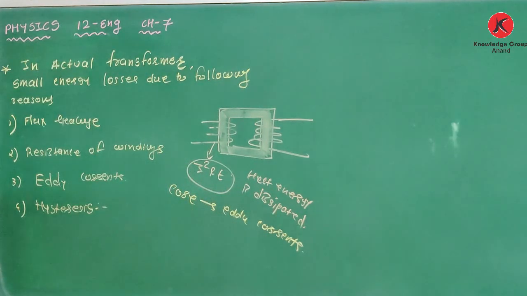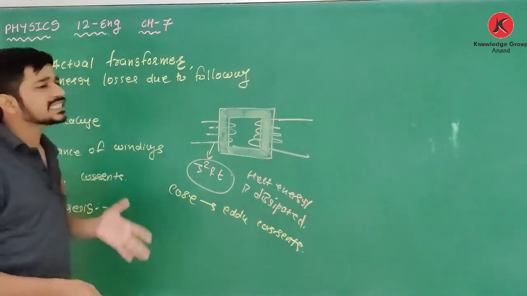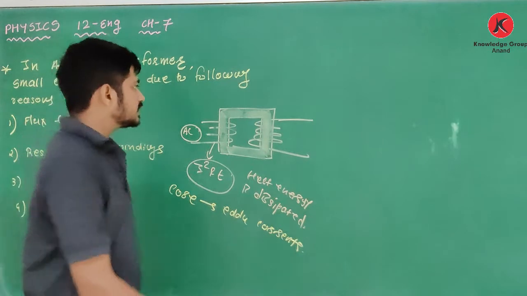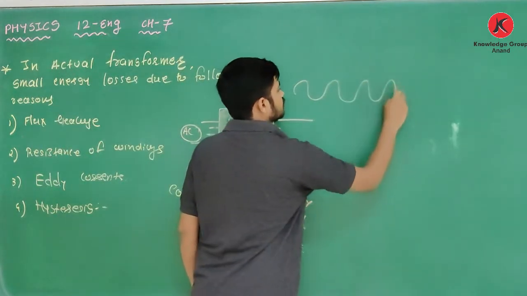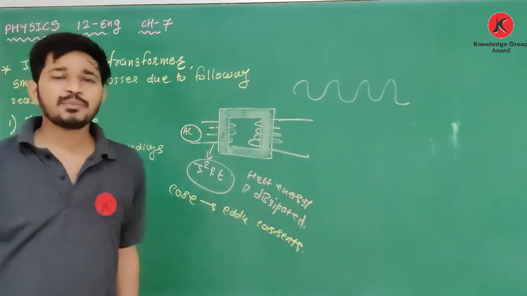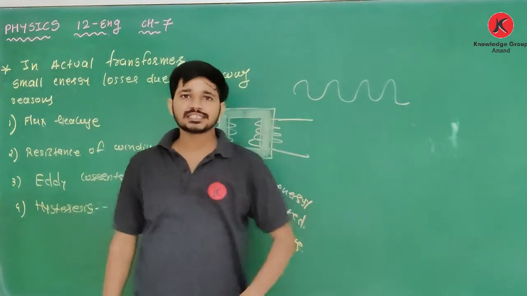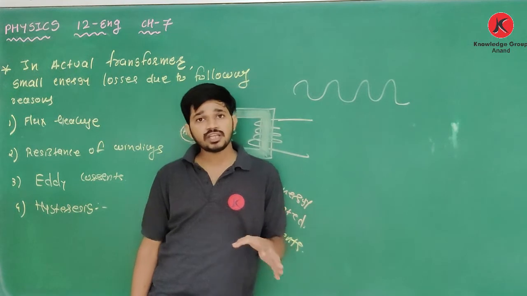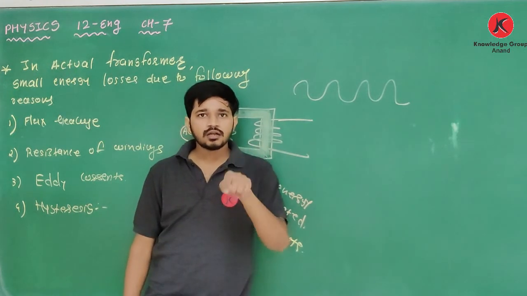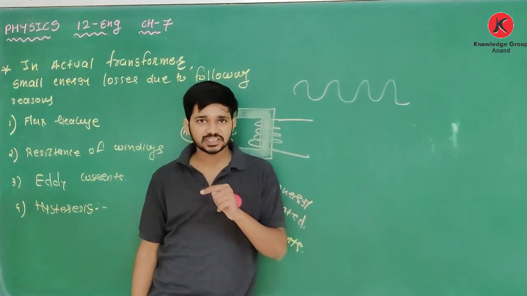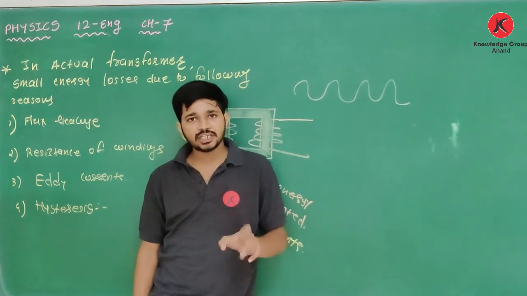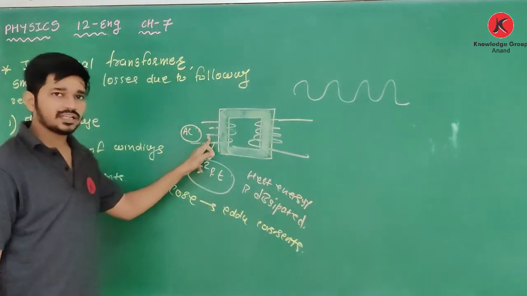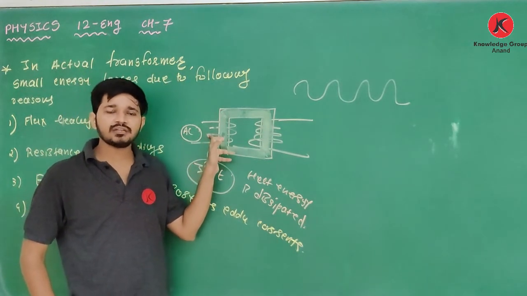The last one is hysteresis. Obviously it is AC current, which continuously changes its direction. Now remember chapter number 5, ferromagnetism. When a ferromagnetic material is connected with an AC source, the current changes its direction, and due to that there is also a changing magnetic field and changing magnetic flux.